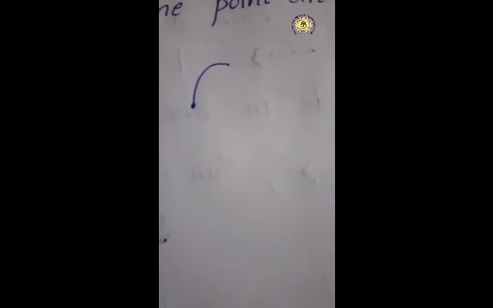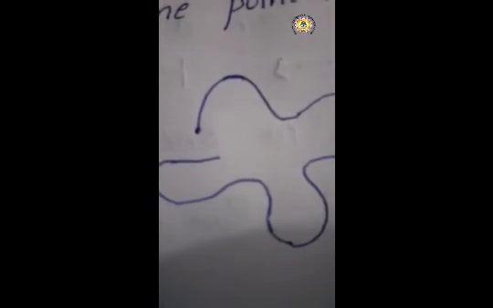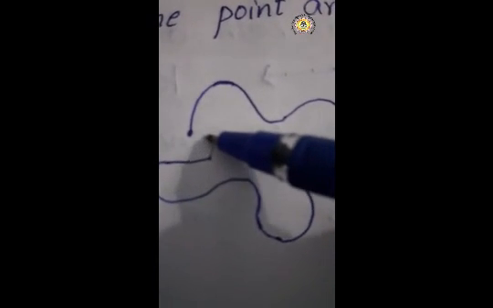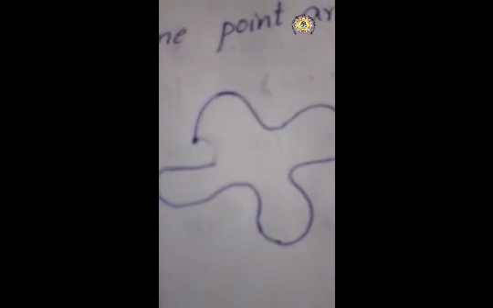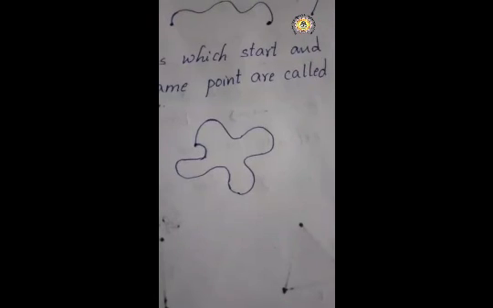Look here, this is the starting point, and again it ends at the same point. So this type of picture is called a closed figure.